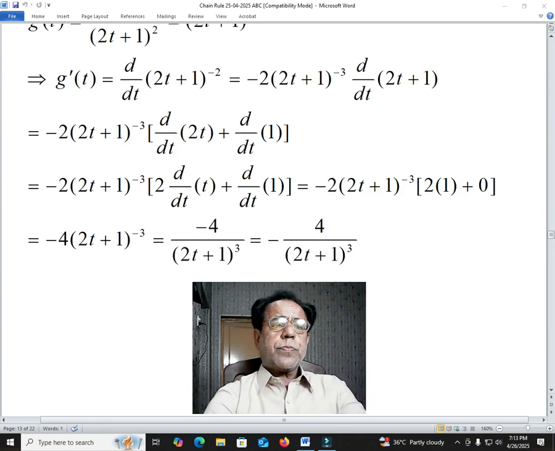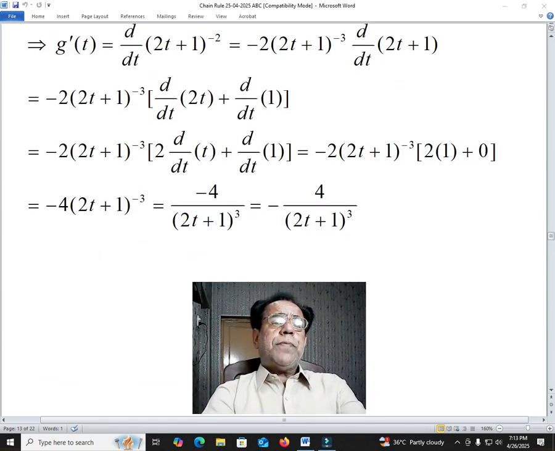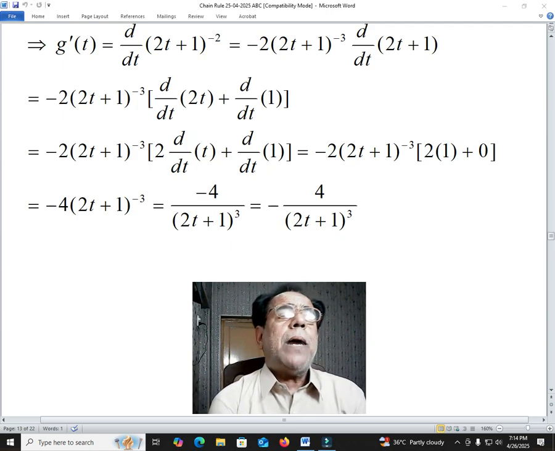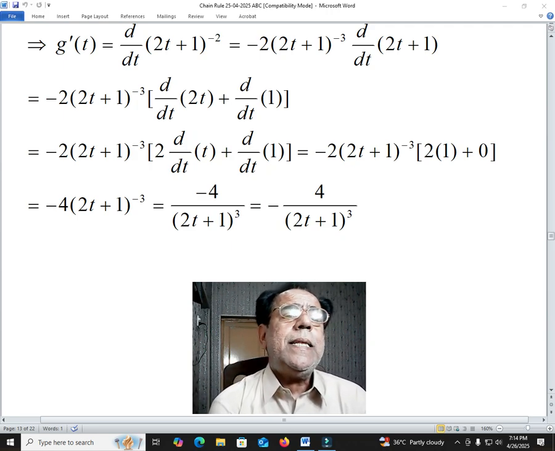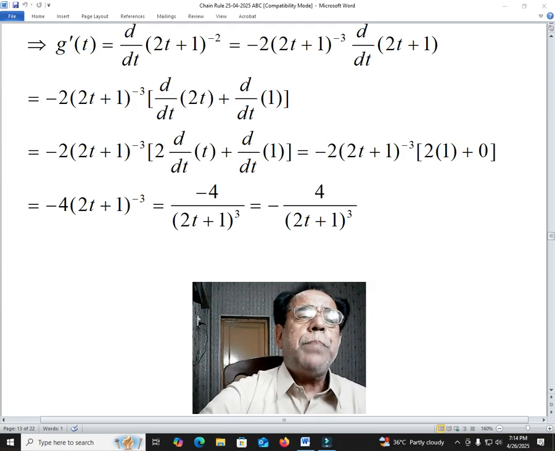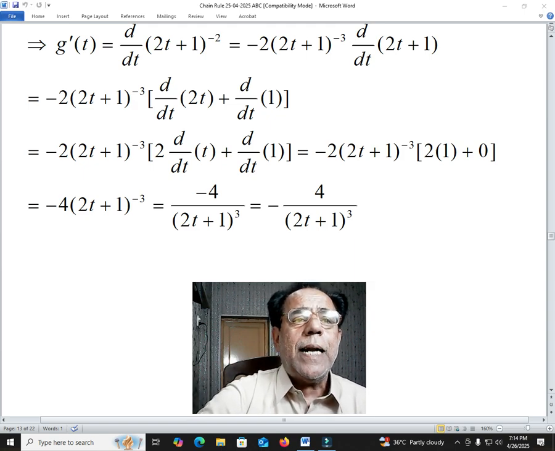Hence after simplification our answer becomes minus 4 over (2t + 1) raised to power 3, because power minus 3 in the numerator when shifted to denominator will become plus 3 instead of minus 3.